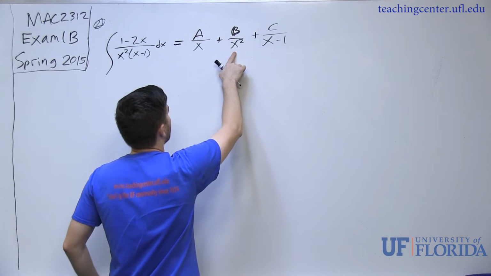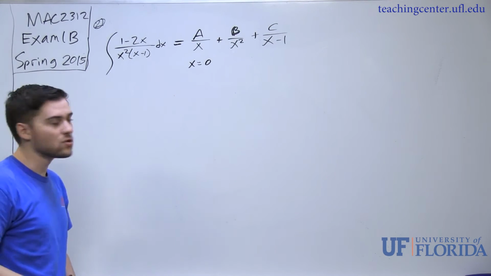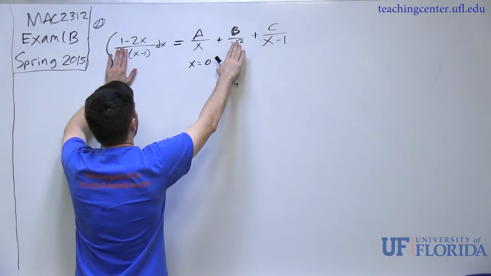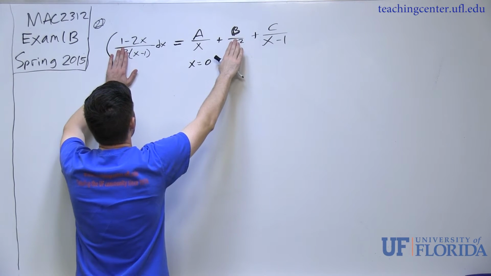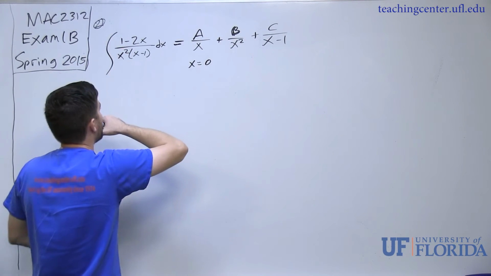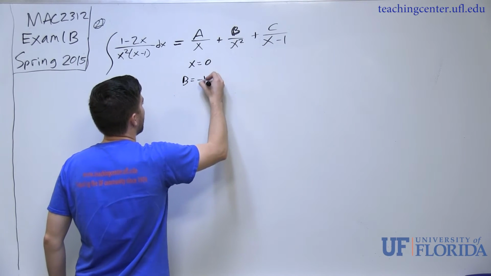For x squared, I'm plugging in x equals 0 to solve for that. When I cover it up, and I cover up over here, if I plug in 0, I end up with 1 over 0 minus 1, which tells me that should be negative 1. So that tells me that b is equal to negative 1.